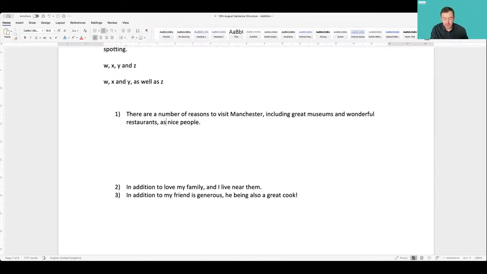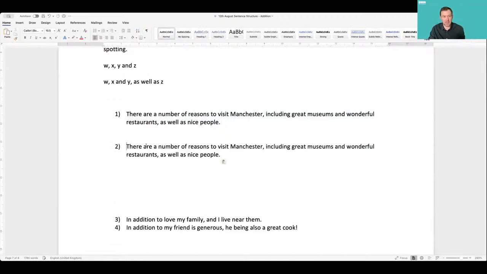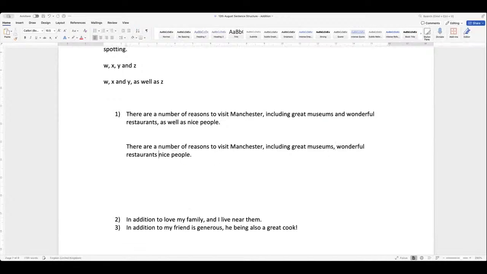Yeah, okay, we could do that. That would be a simple way to do it. Or we could just put the and in a different place, couldn't we? We could just say, there are a number of reasons to visit, including great museums, wonderful restaurants, and nice people. That would be an easy way to do it as well.